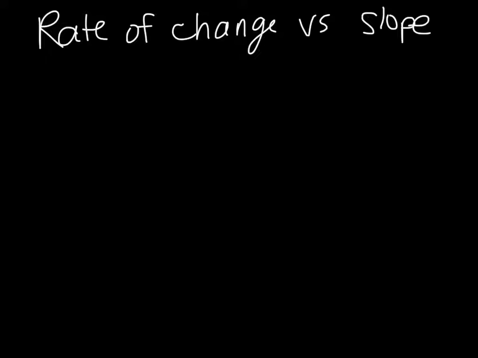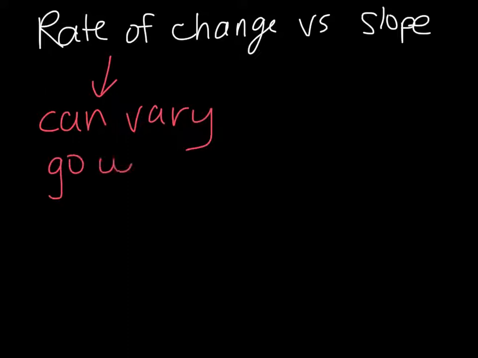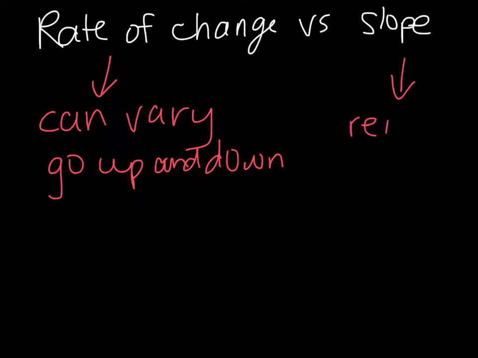So when we talk about rate of change, it can vary, right? It can go up and down. Think about the stock market. It might go up one day, then down another, then up the next day, then up a little bit less the next day, and then down a lot the next day. And so the rate of change can vary. It doesn't always have to be the same, whereas the slope always remains constant.